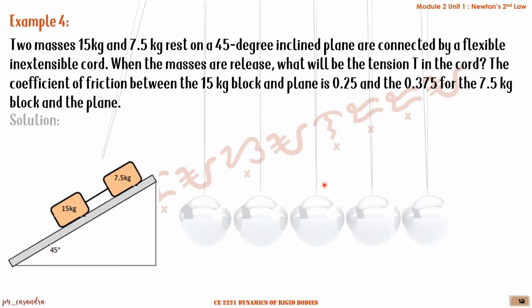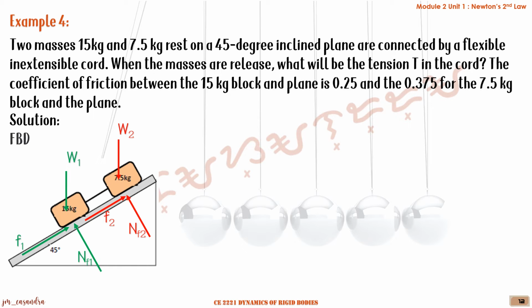So for our solution, we again first draw our FBD. For our FBD, we have first the weight 1 for 15 kilograms. We have your normal force. Then we have your frictional force for the first block. Then for the second block, we'll have your weight 2, normal force 2, and the frictional force.